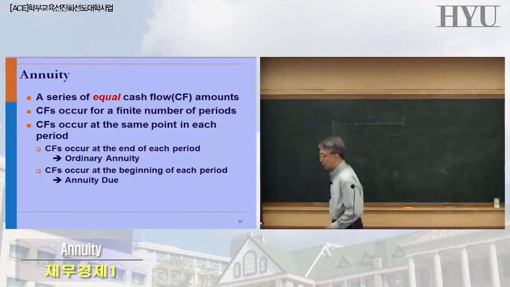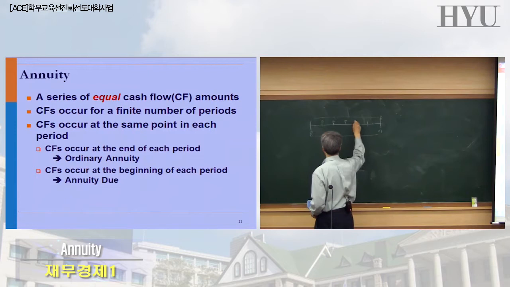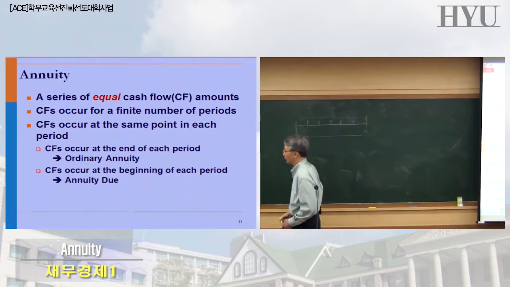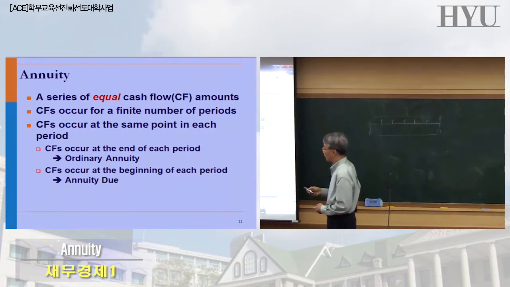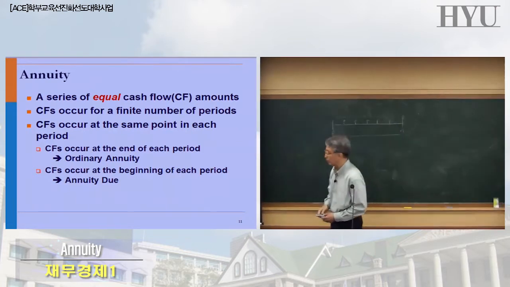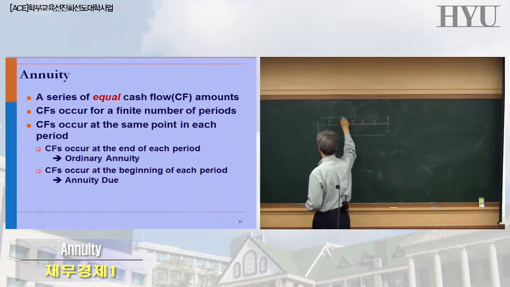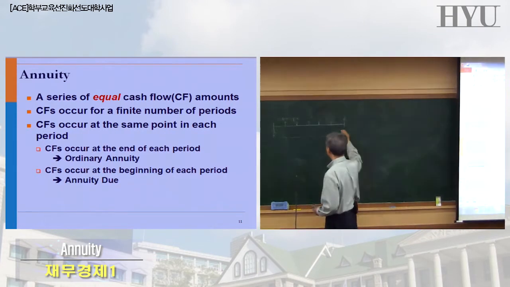The annuity, we're talking about repeating cash flows. Somehow you receive this money, a cash flow, every period. And again, the first condition here is an equal amount of cash flow. So every time you receive the same amount. And then we have to have a finite period.